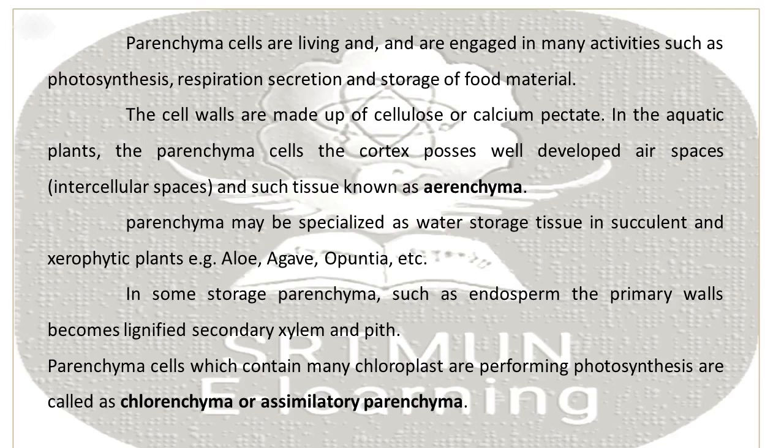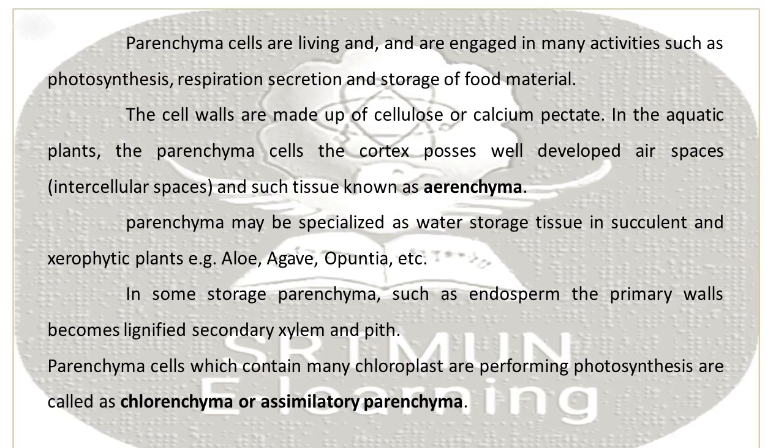The cell walls are made up of cellulose or calcium pectate. In aquatic plants, the parenchyma cells of the cortex develop air spaces, intercellular spaces, and such tissue is known as aerenchyma.